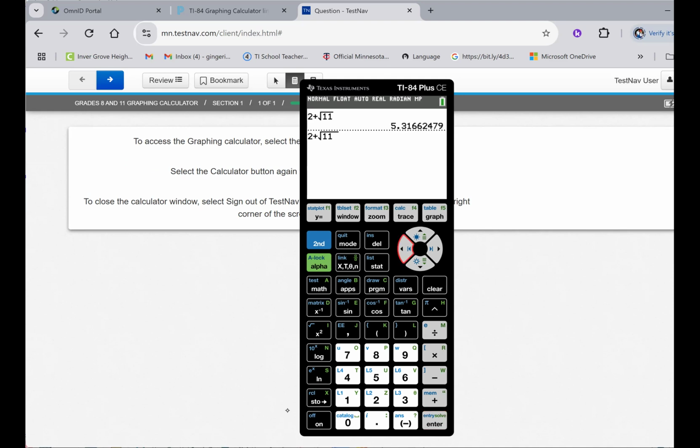So I'm going to use the left arrow and move over, highlight where it says plus and switch it to a minus, and then go to the end and press enter. And there I get negative 1.31662479. Again, rounded to 2 decimal places, negative 1.32.